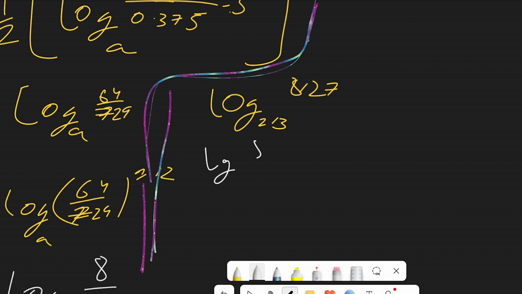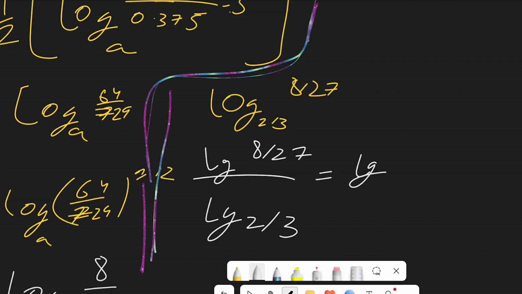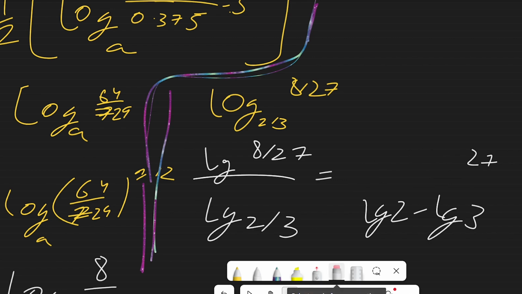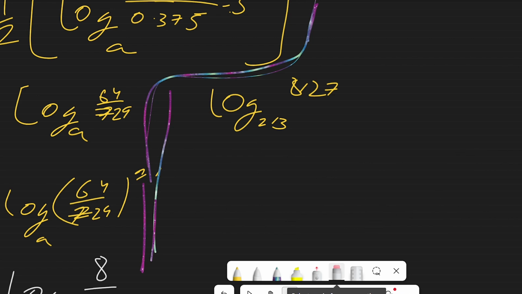That would mean lg 8 over 27 over lg 2 over 3. Interesting. What if we do it like lg 8 minus lg 27 over lg 2 minus lg 3? No, that is not very appealing.